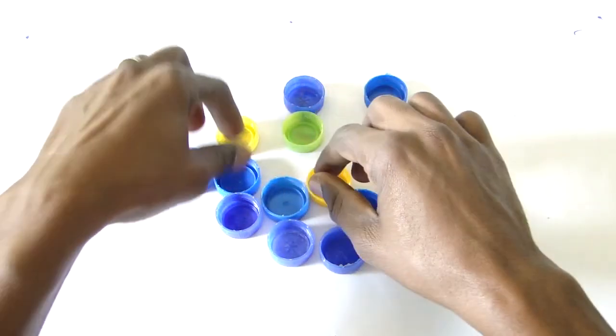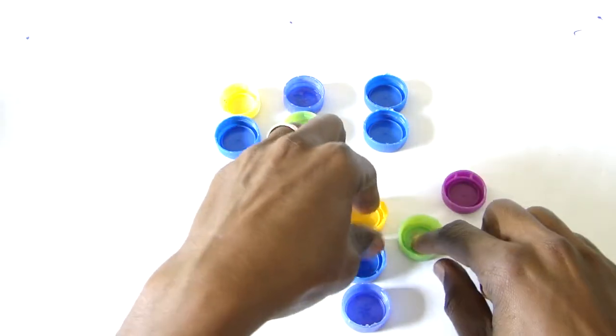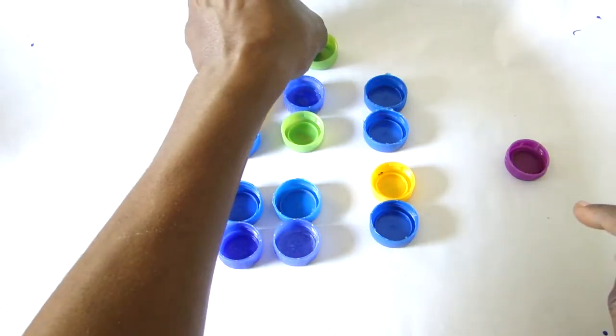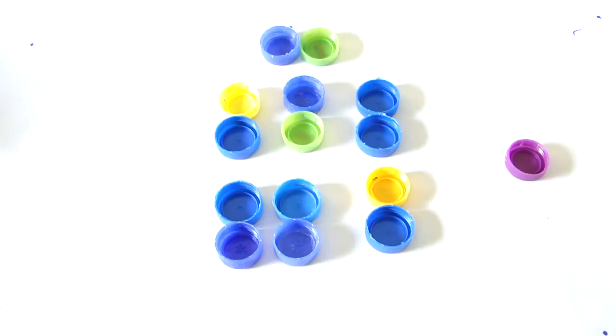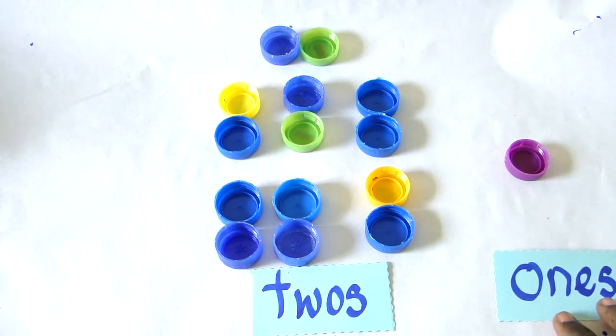So there we are. Good. And this gives us 7 groups of 2s and 1.